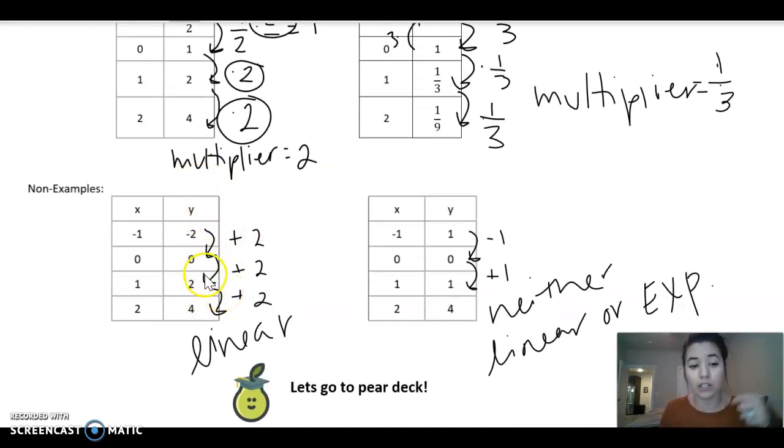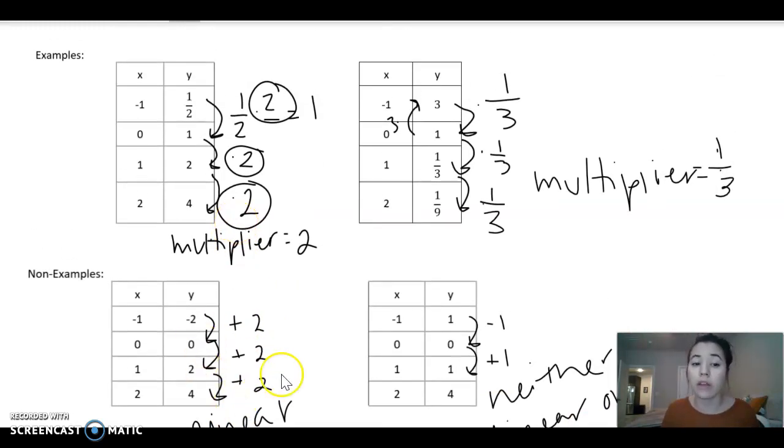If you have a constant thing being added, plus 2, plus 2, plus 2, linear; constant thing being subtracted, linear. And then step it up. If you don't see something being added or subtracted each time, then check for your multiplier. Okay? Well, 1 times what gives me 2? 1 times 2 is 2. Well, now let's try 2 times 2, and that does give me 4.